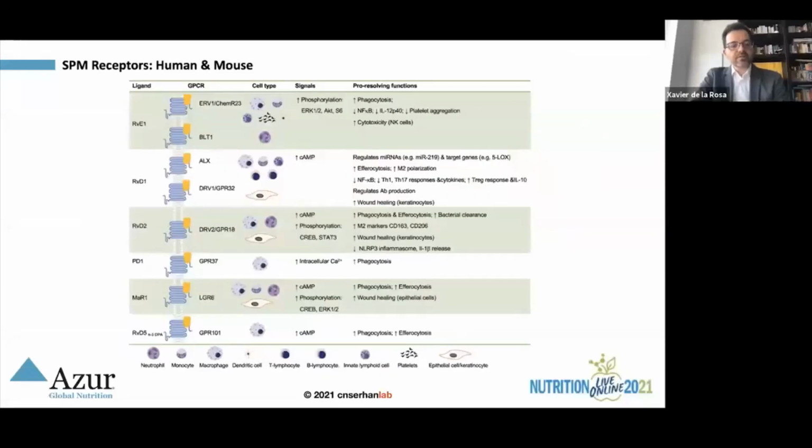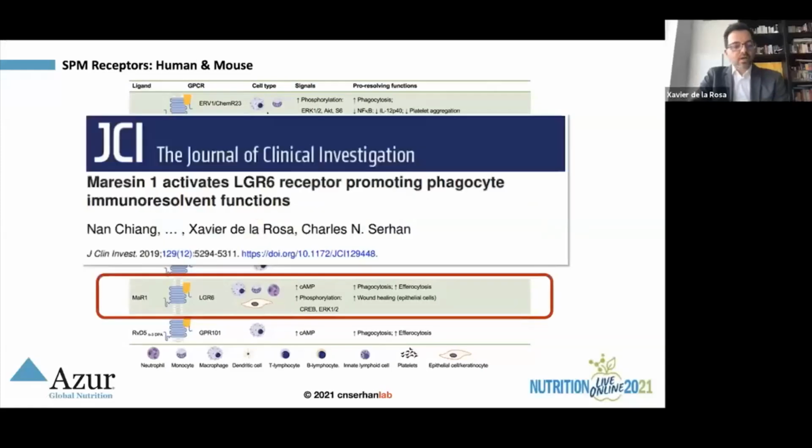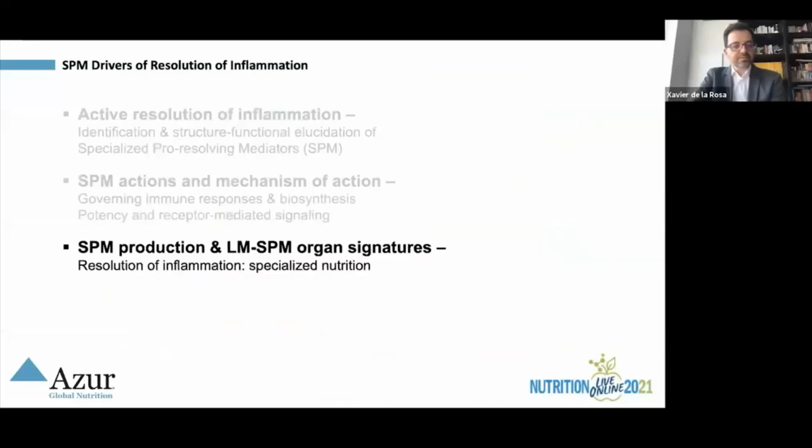Six GPCR receptors have been identified, and these stereoselective receptors are expressed in different cell types and trigger intracellular signaling pathways that ultimately trigger the pro-resolving functions. Most recently, we identified LGR6 to be a maresin-1 receptor, published in the journal JCI by Dr. Nan Chiang in 2019.